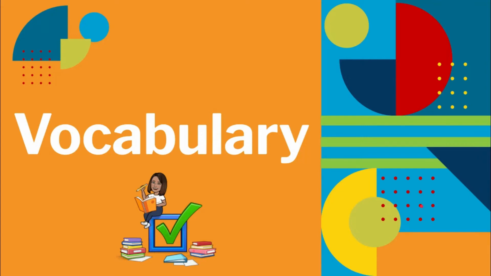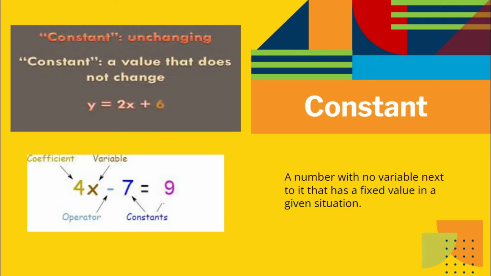The vocabulary words that we must own for this lesson are constant. A constant, unlike a variable, always has the same unchanging value, such as a given number. In a constant, the key word is unchanging.